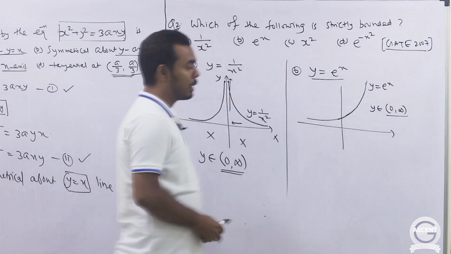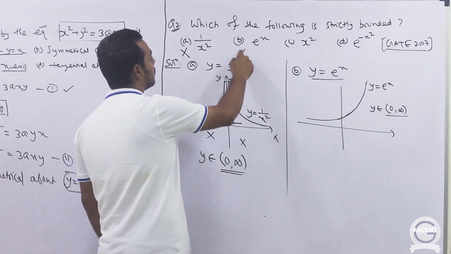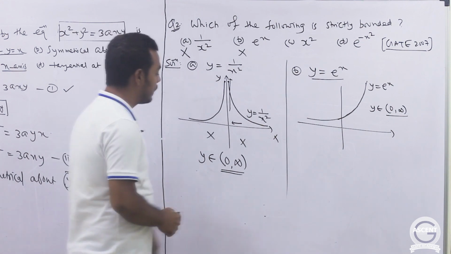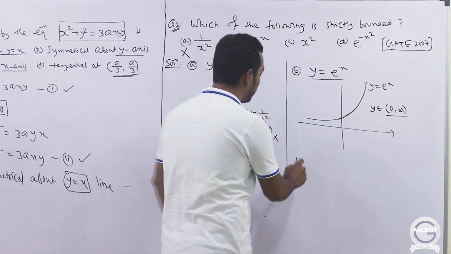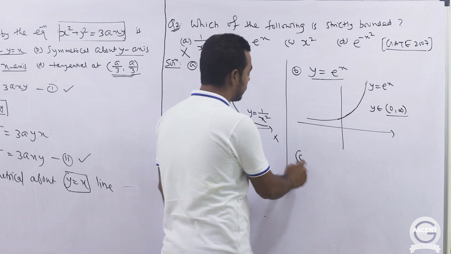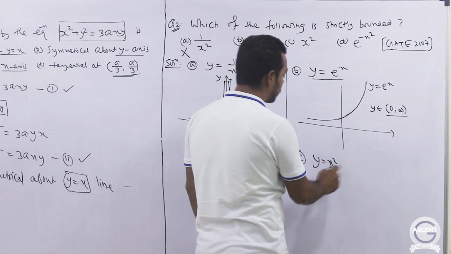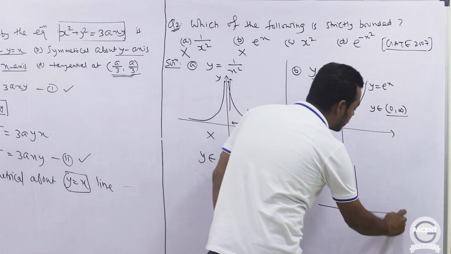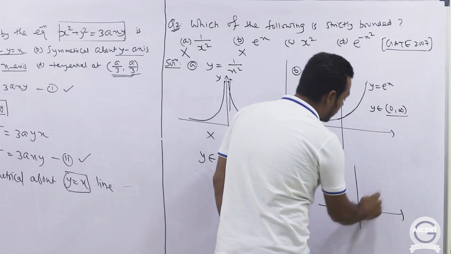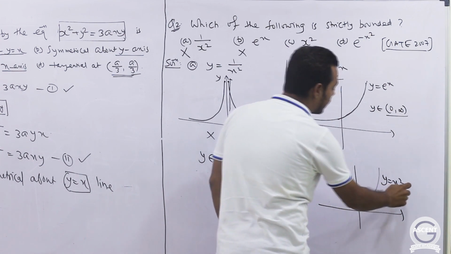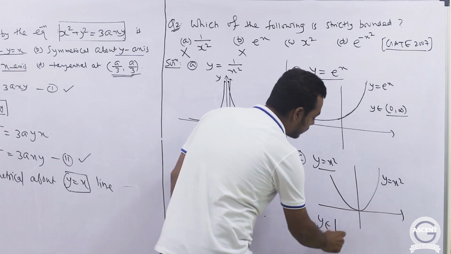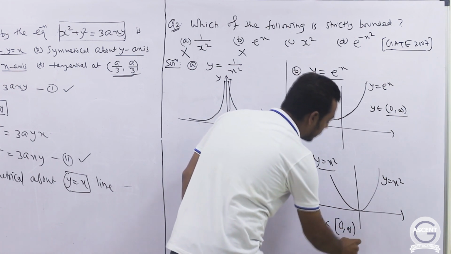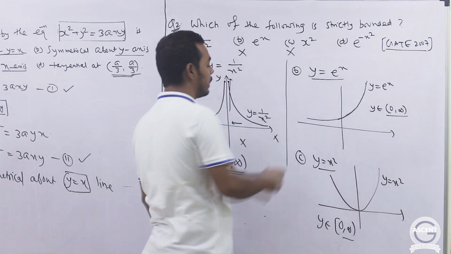Since you are getting infinity in the range, this is also incorrect. Similarly, option C is y equals x square. This we all know is an upward parabola. Here the range for y will be 0 to infinity. Since we are getting infinity, this is also incorrect.